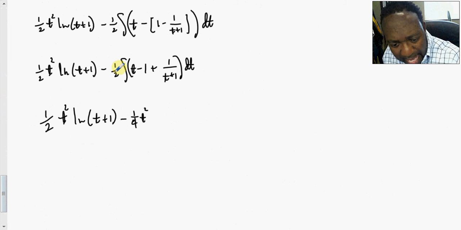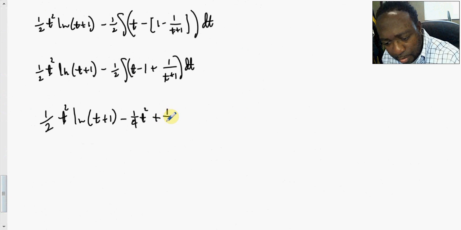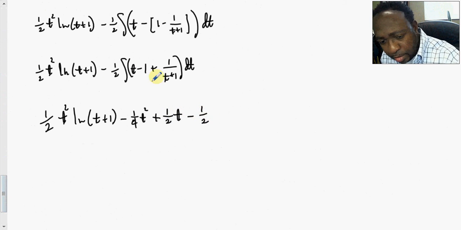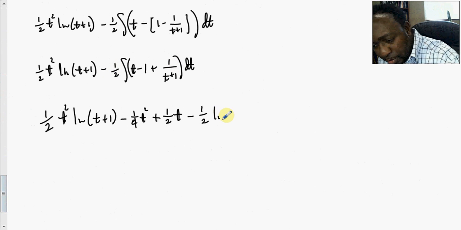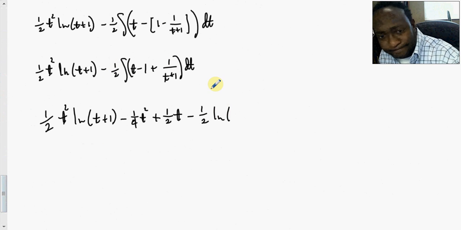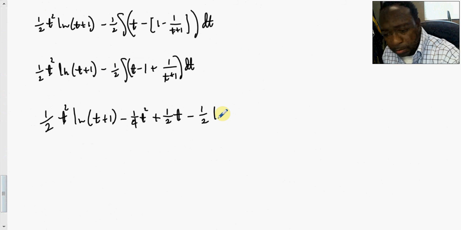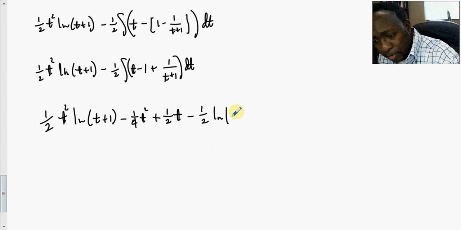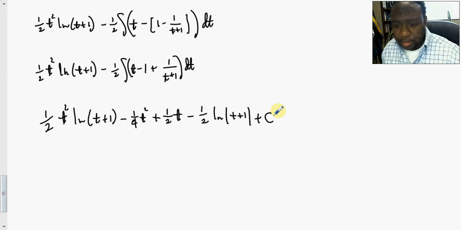This is minus 1/2 times the integral of negative 1, which is minus t, so minus a minus is positive 1/2 t, minus 1/2 times the integral of 1 over t plus 1, that's the natural log of the absolute value of t plus 1, plus the constant c.